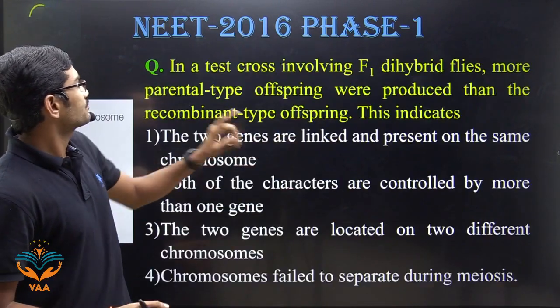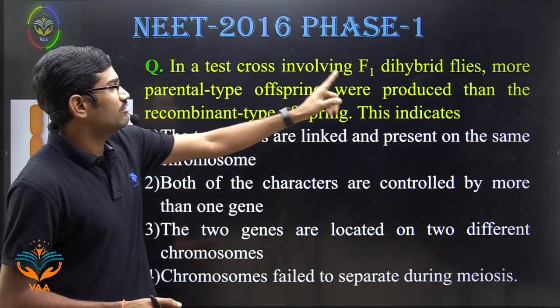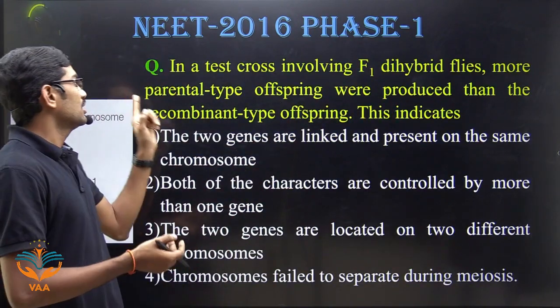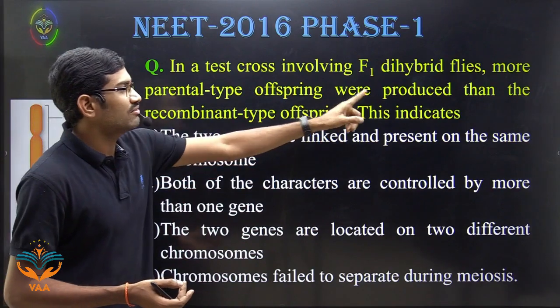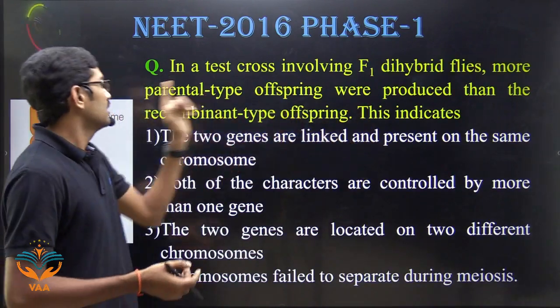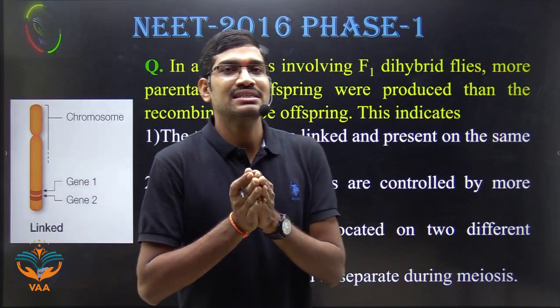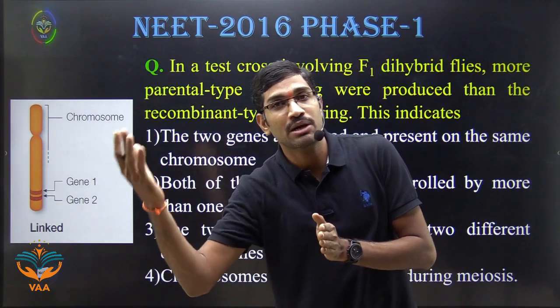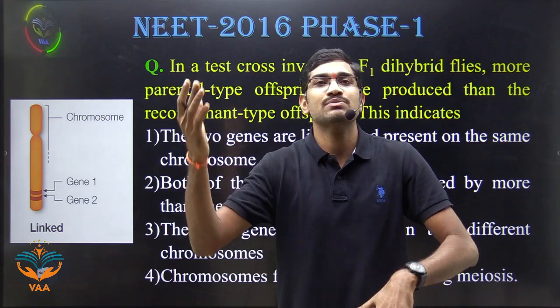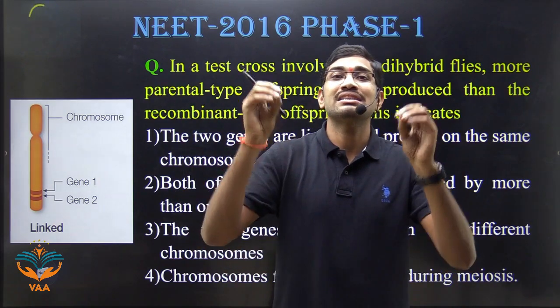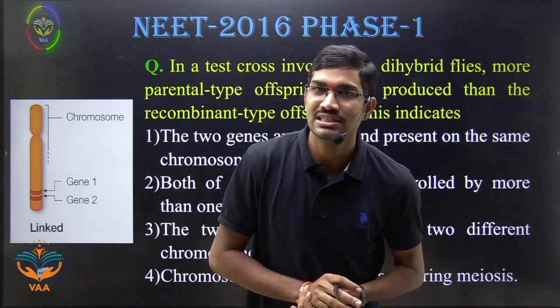Clear? Next one. In a test cross involving F1 dihybrid flies, more parental type offspring were produced than the recombinant type offspring. Please remember here, whenever they are saying that more parental types are produced and fewer recombinant types are produced, that means there is the phenomenon called linkage.